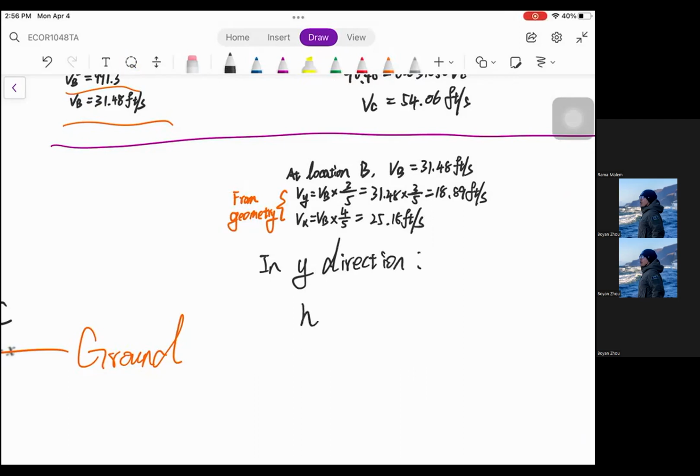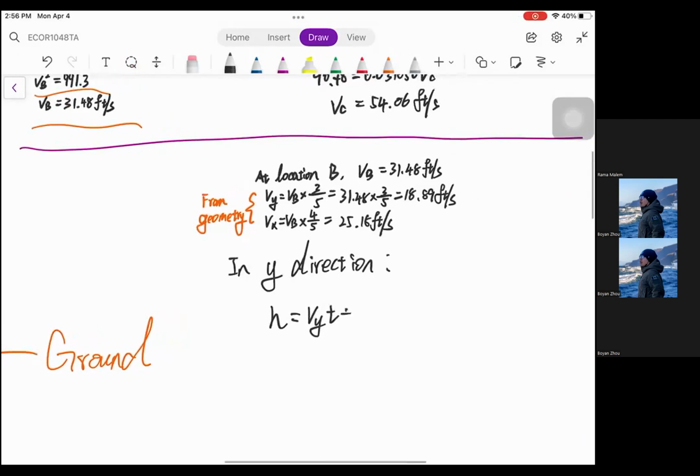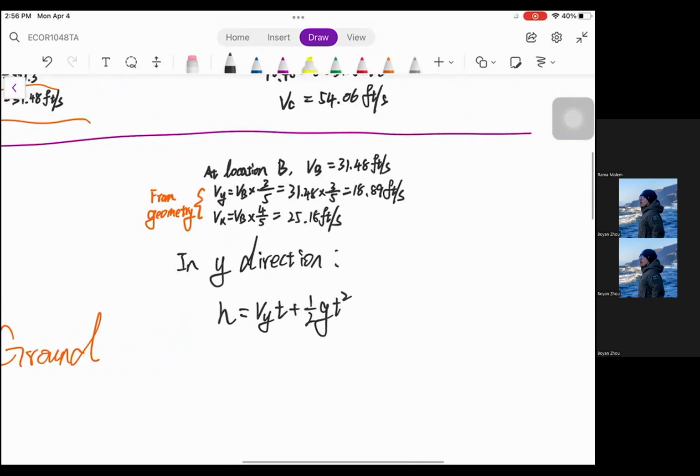we know the displacement usually is s, but I'm gonna use h here. It's equal to the initial velocity times time plus half gt squared. And this equation is just s equal to s naught plus vt plus half at squared.